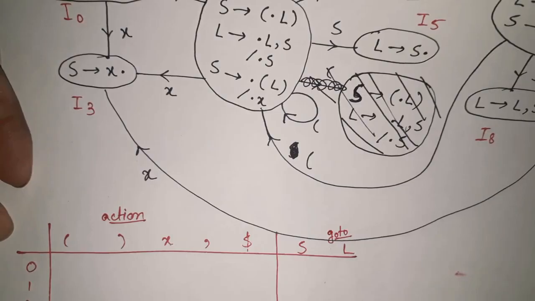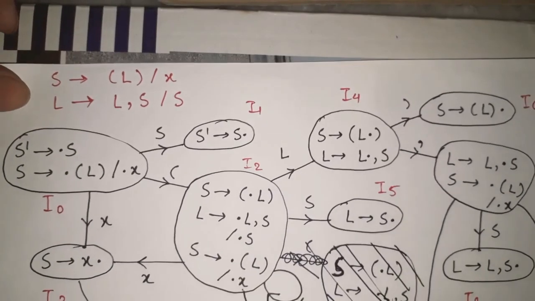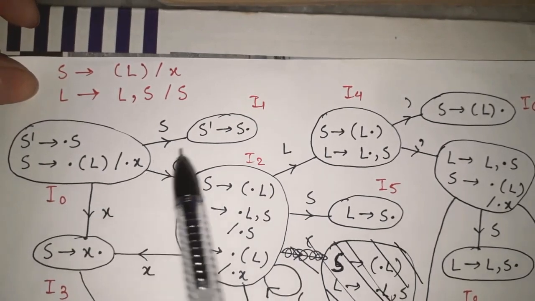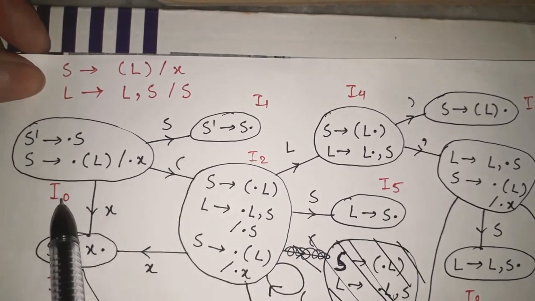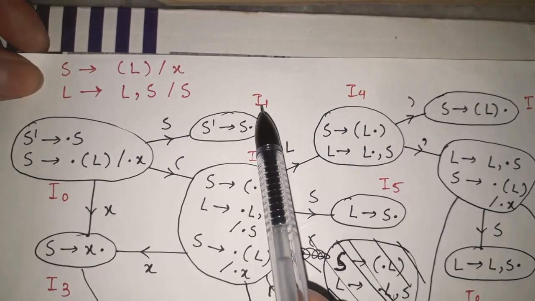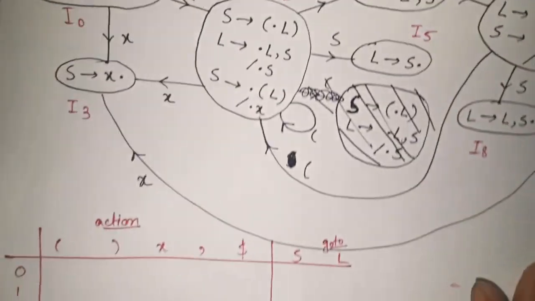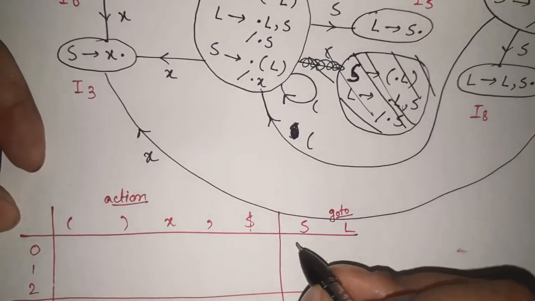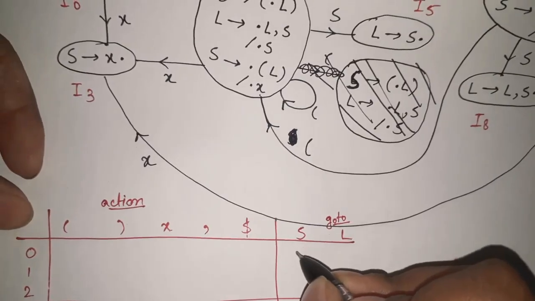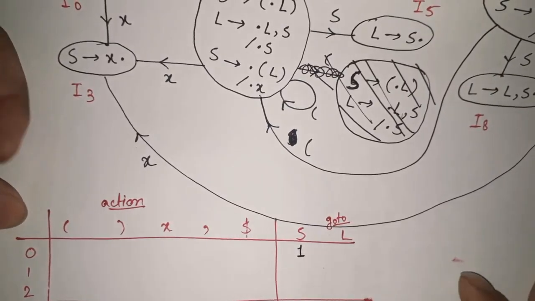Let's go flow wise. From 0 on capital S, we are going to state 1.